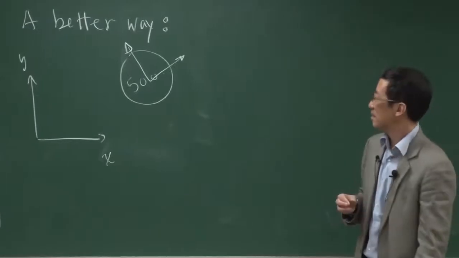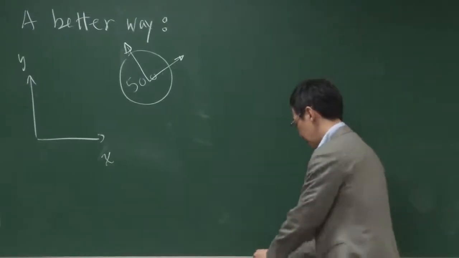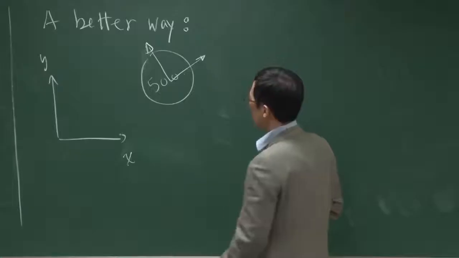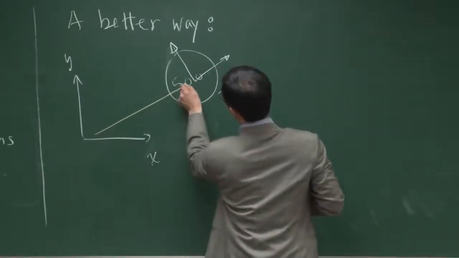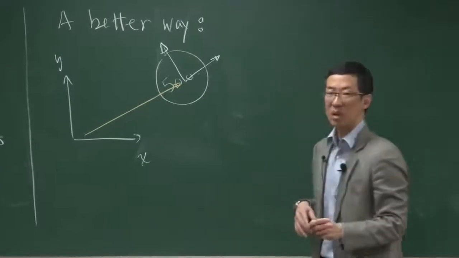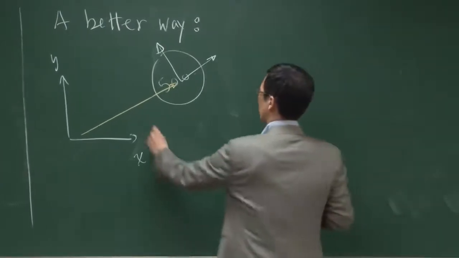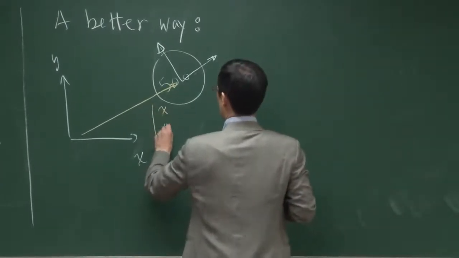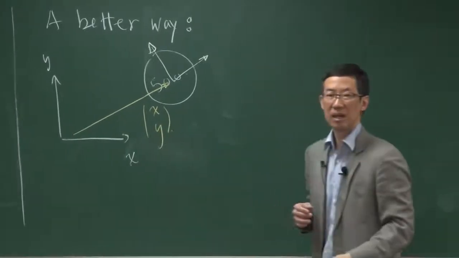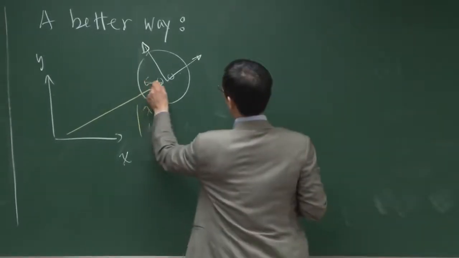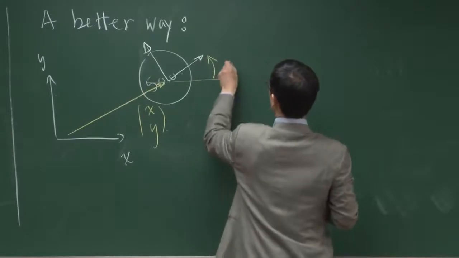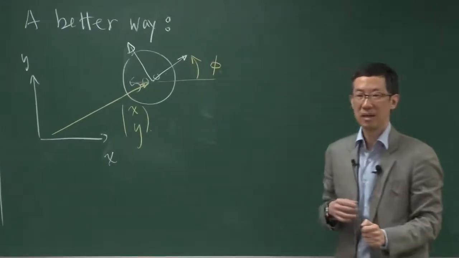Let's attach a reference frame at the middle. I'll say that this vector to the origin of the coin has coordinates x, y, and the angle of the frame, this angle, let me call that phi.